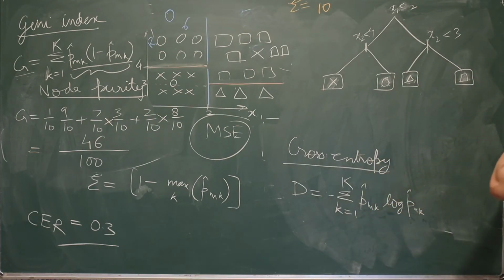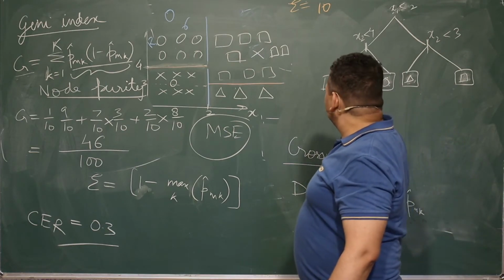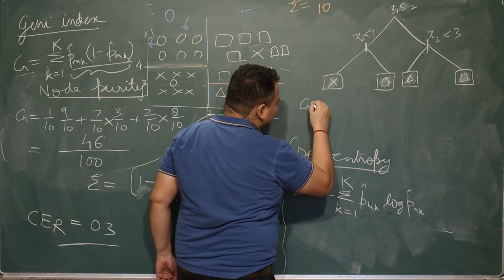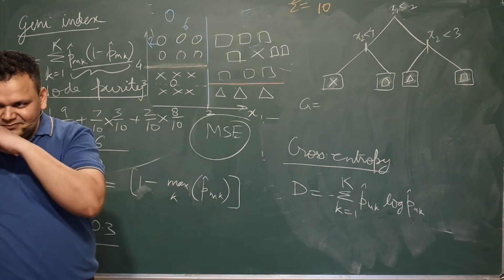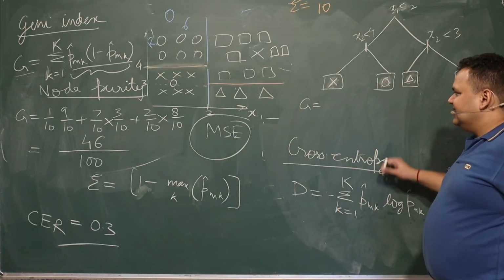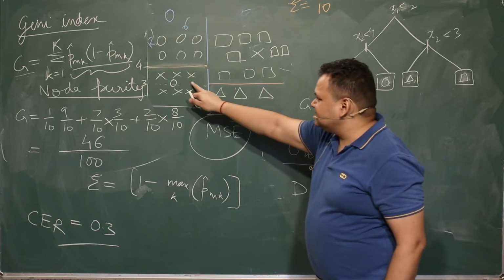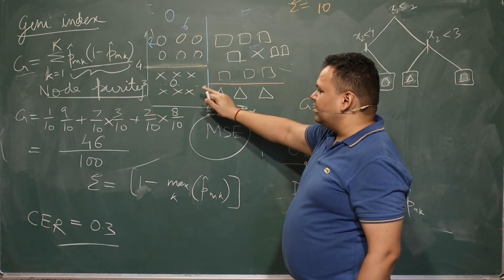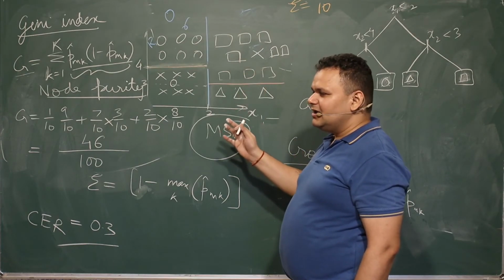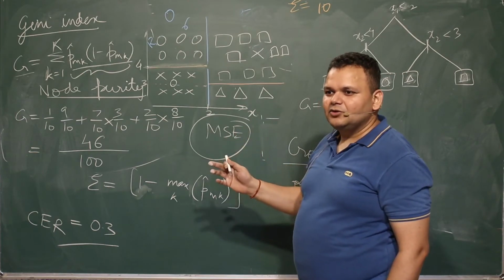Okay. So now let us talk about the purity of each of these nodes, which is very important. What is the purity of this node going to be? If we were to talk about the Gini index of this node, what is it going to be? It is not going to be 0. It is going to be 6 by 7 into 1 by 7 plus 1 by 7 into 6 by 7. So, sorry, 12 by 49.